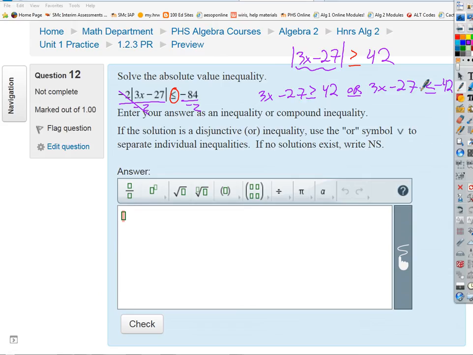In either case, we're just going to add 27 to both sides, which gives us 3x is greater than or equal to 69. Then if I divide both sides by 3, we get x is greater than or equal to 23. Whoops, not 33, 23.